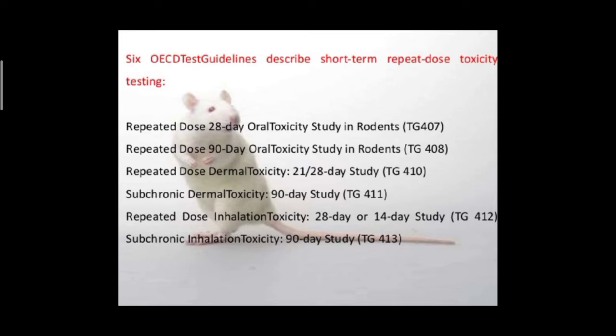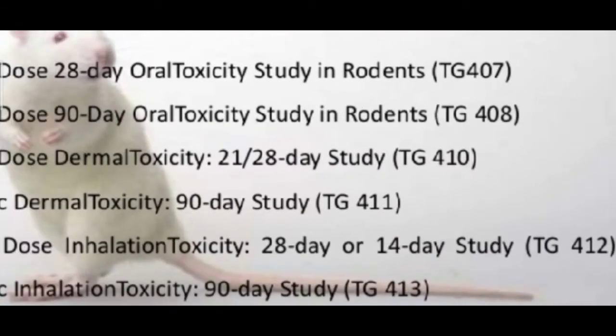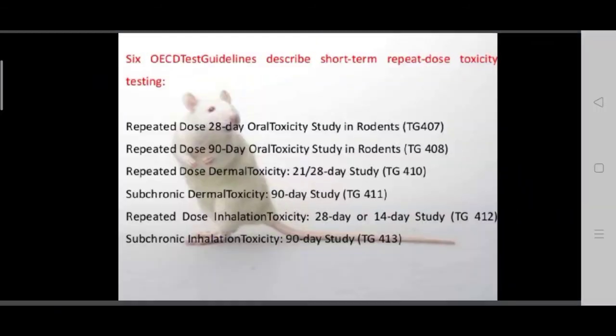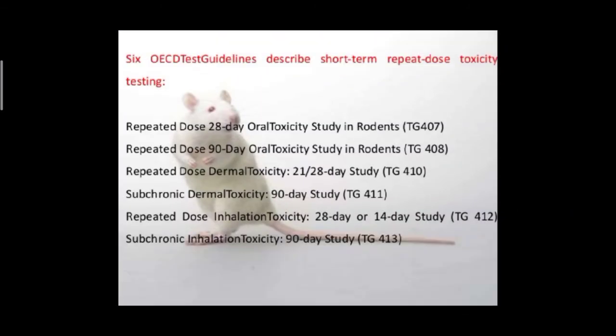If you see the 410 and 411, they relate to the dermal. That means if the particular research is going on to find skin pharmaceutical products, they will check the guidelines of 410 and 411. Repeated dose dermal toxicity, subchronic dermal toxicity for 90 days in the test guideline 411.